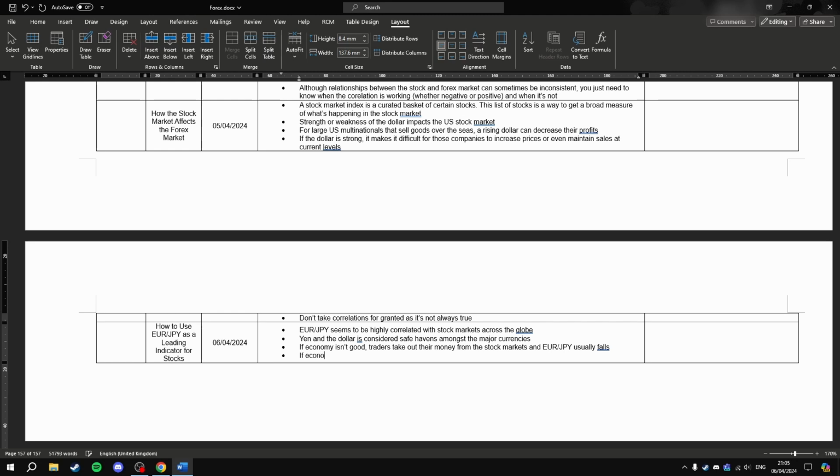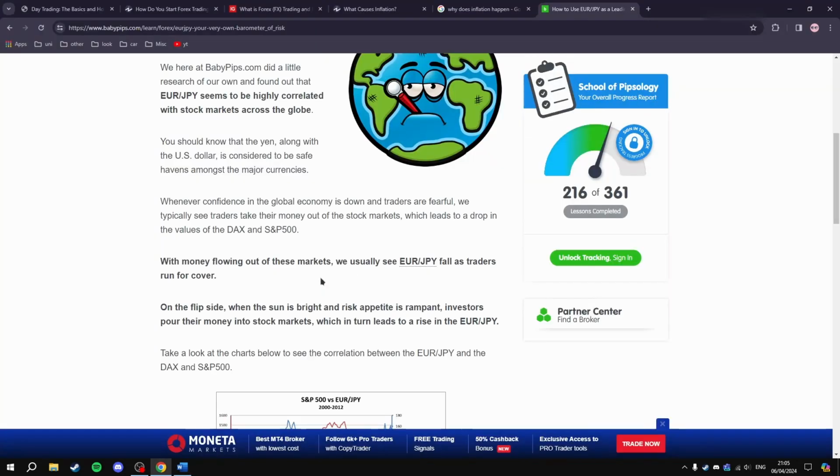If the economy is good, traders place their money into the stock markets and EUR/JPY usually rises.